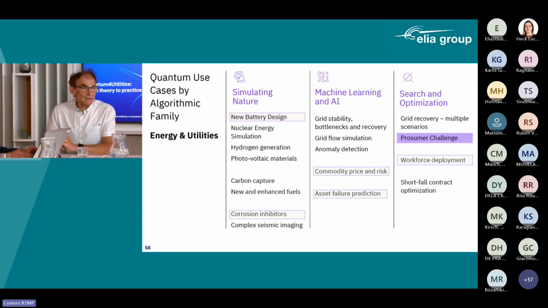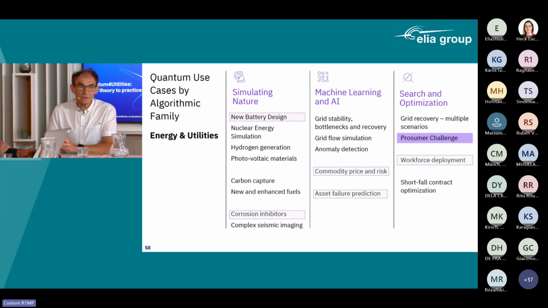Corrosion inhibitor as another example in that first category. We saw all the examples of the electricity poles. How can you, for instance, improve these electricity poles so that they are less subject to corrosion? And that would come, for instance, from the world of the airplanes, where we also have the same type of problem. In the middle, you see machine learning and AI.